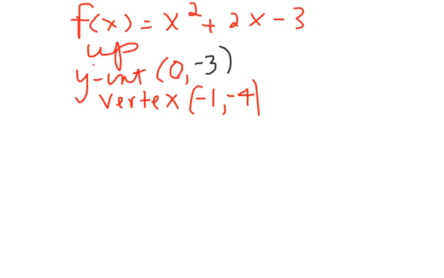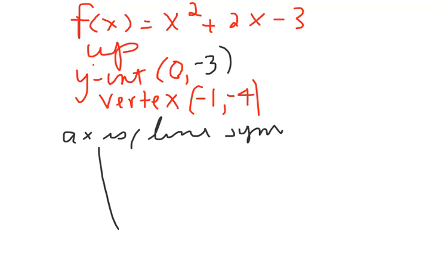I know that horrible axis or line of symmetry, guys. Listen to this and you're going to get this. Here's your parabola. This is your vertex. The line of symmetry goes straight through the middle of the graph and intersects the graph at the vertex. It's a vertical line.